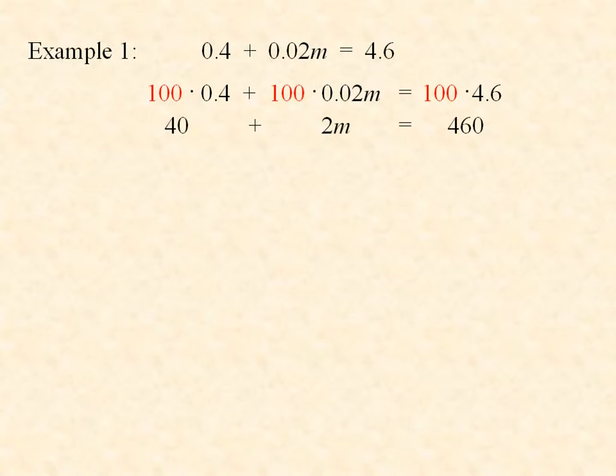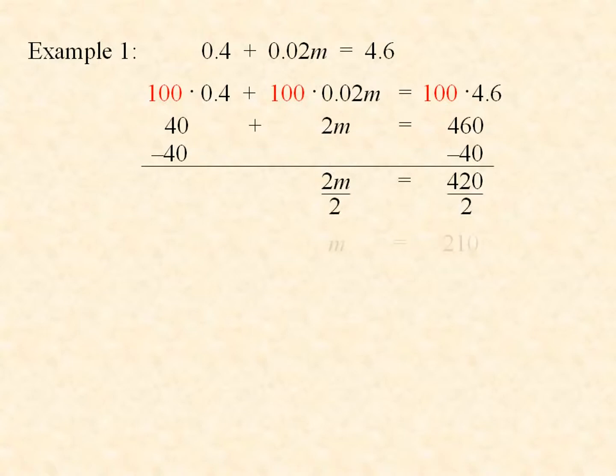So multiplying every term by 100 changes the equation to a much simpler one with whole numbers. Then we can solve that equation. We subtract 40 from both sides. That leaves us 2m is 420. And we divide by 2 to get m is 210.